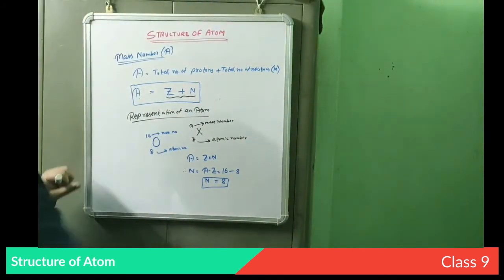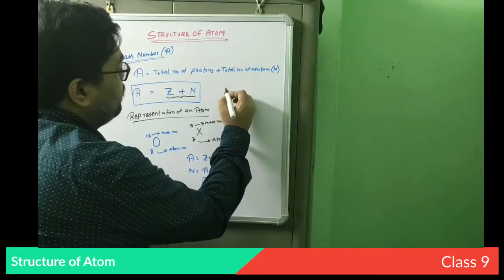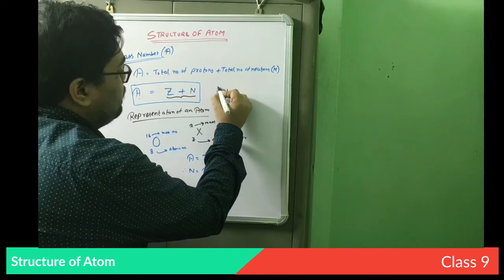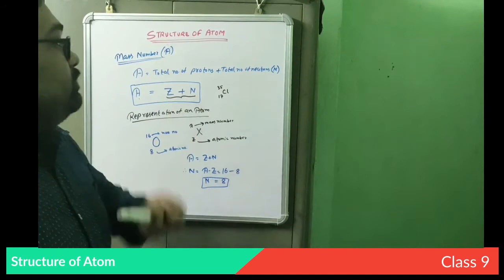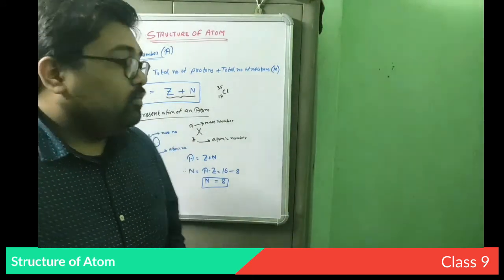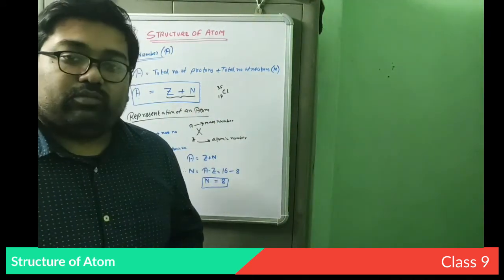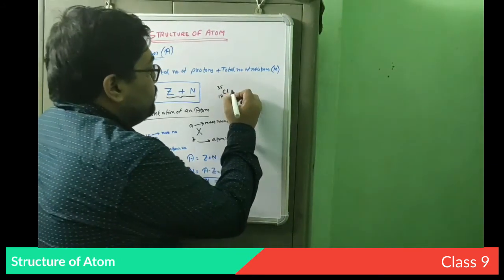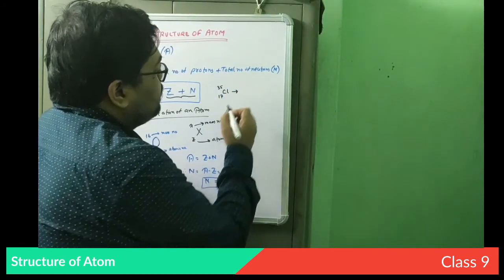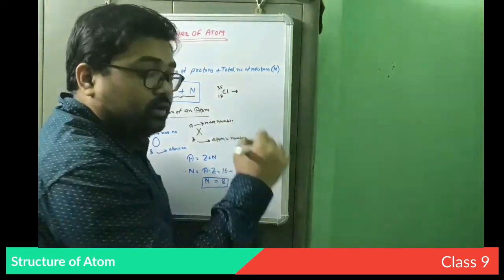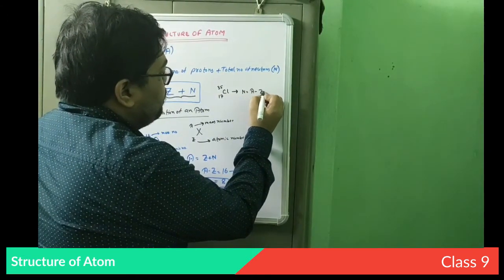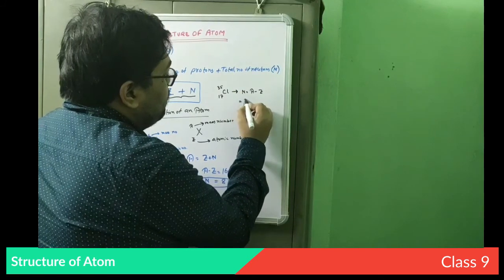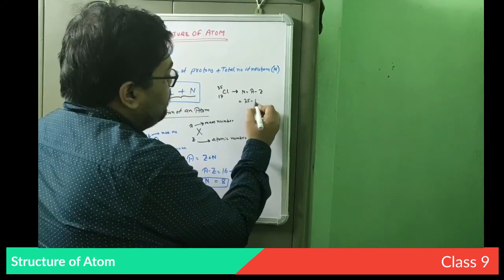Okay. Now, if I tell you Cl 35,17, how many neutrons are present in this case? N is equal to A minus Z. So A is 35 and Z is 17.